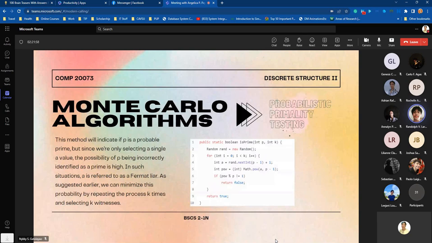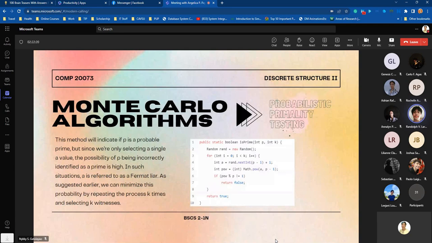Since random nga yung A, maglalagay tayo ng for loop para magkaroon tayo ng iteration. This method will indicate if P is a probable prime, but since we're only selecting a single value A, the possibility of P being incorrectly identified as a prime is high. In such situation, A is referred to as a Fermat liar.